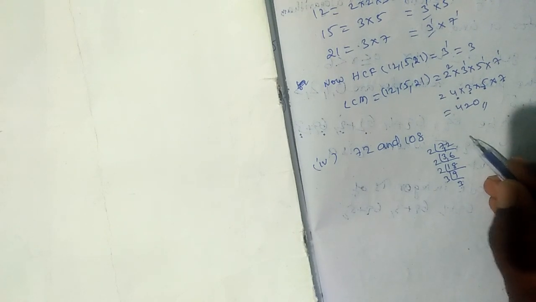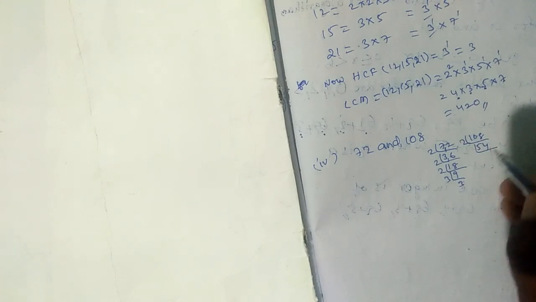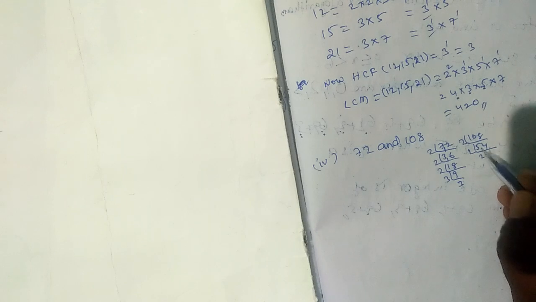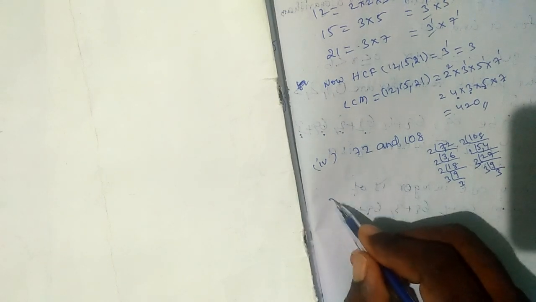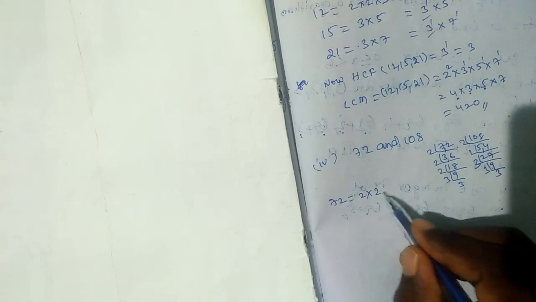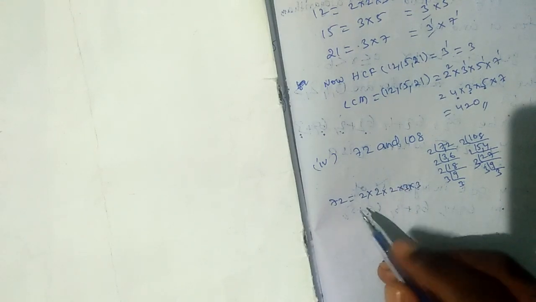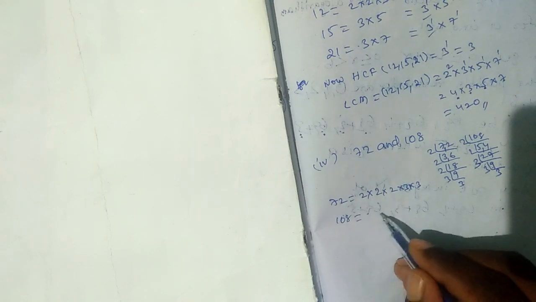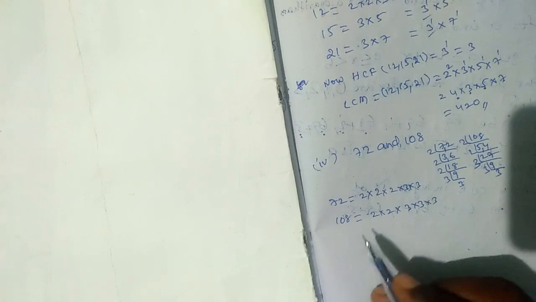Next, 108: 2 5s are 10, 2 4s are 8, 2 2s are 4, 2 7s are 14... 108 is 2 into 2 into 3 into 3 into 3. So 72 is equal to 2 into 2 into 2 into 3 into 3, and 108 is equal to 2 into 2 into 3 into 3 into 3.